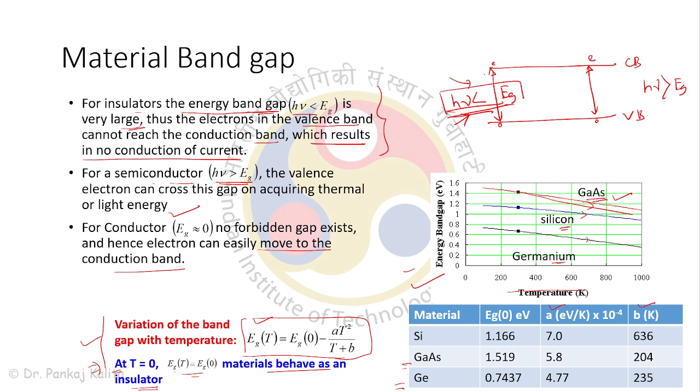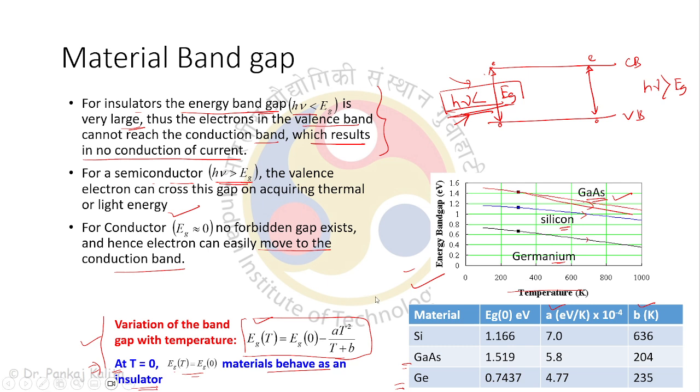A semiconductor lies between insulator and conductor. It has a band gap, but not large enough to prevent generation of an electron hole pair, provided external energy is supplied that is higher than its existing band gap.